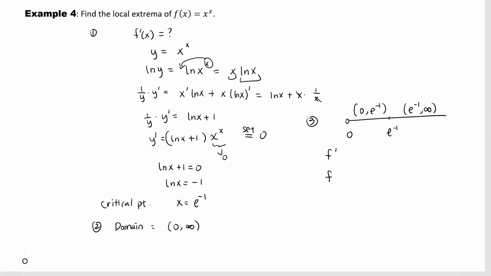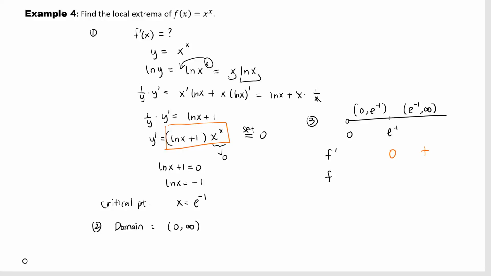For f prime, where do we plug in? Here. Okay, so we know this can make it 0, and can you find a number in this region? Well, 1 is in there, right? So we can plug in 1. ln of 1 is 0. 1 plus 1 is 2, so it's positive here. Okay, here, how do I find a number?